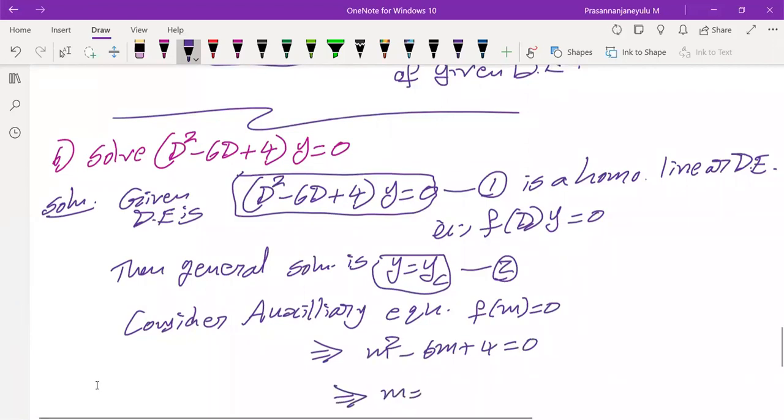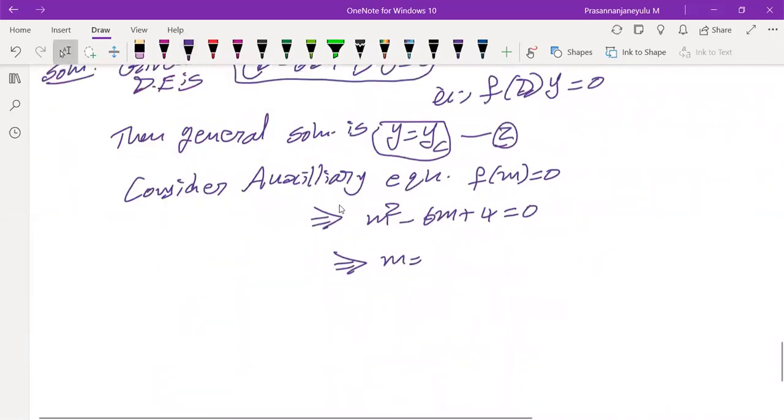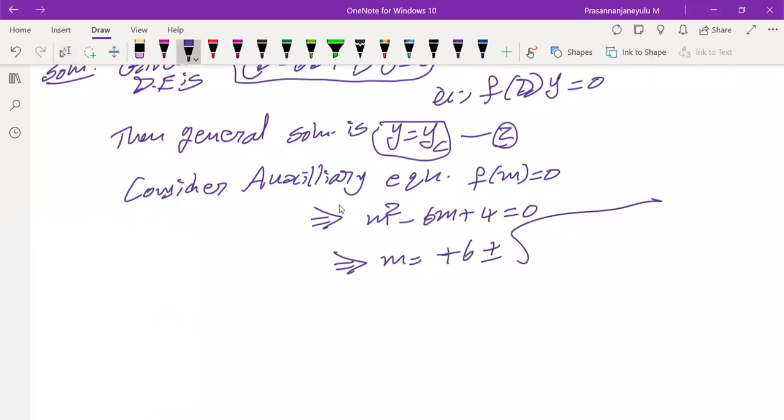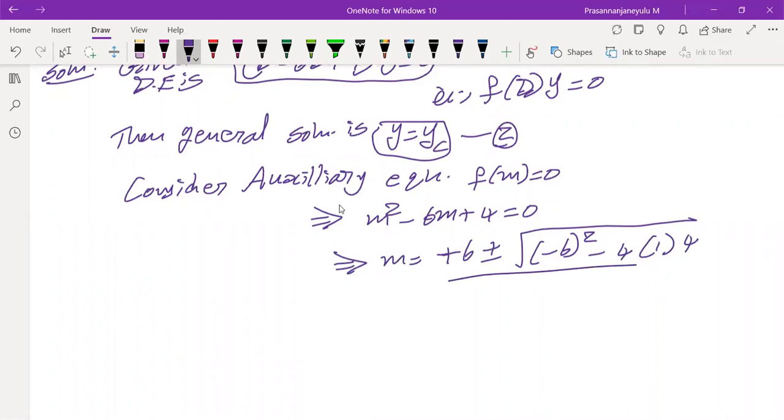We get minus b, where b is minus 6, so minus of minus b is plus 6, plus or minus root of b square minus 4ac, with a equal to 1 and c equal to 4, whole by 2 into a.